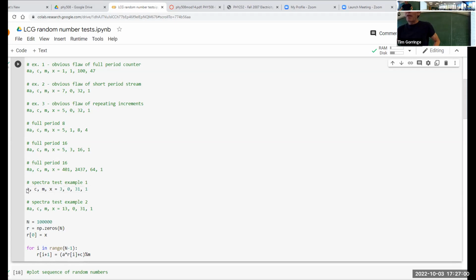Okay, so here's a set of numbers. Again, the range here is small, right? M is 31. I'm only picking this other set to show you the spectral test, which is actually a very rigorous test of the randomness of these numbers, specifically these patterns that consecutive numbers can have.